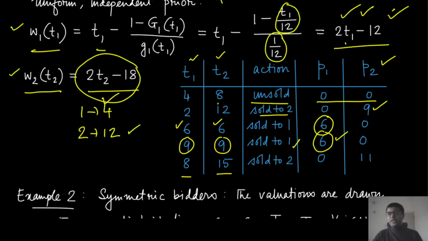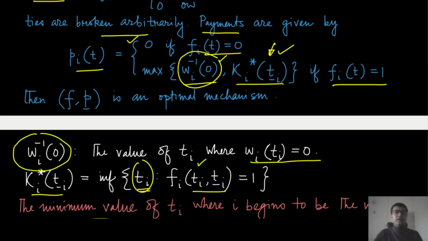So player 2 wins because they have a larger virtual valuation, but at which point do they start becoming the winner? To find that, we have to equate the 4, the virtual valuation of the other player, with the virtual valuation of player 2. This is the point. If you solve for t2, that is the point at which player 2 starts becoming the winner, and that is where this point kicks in.